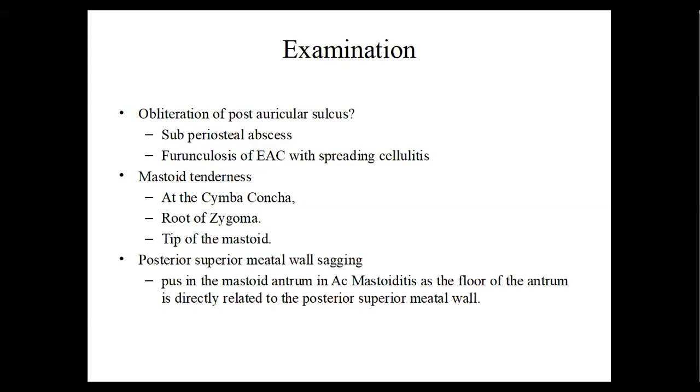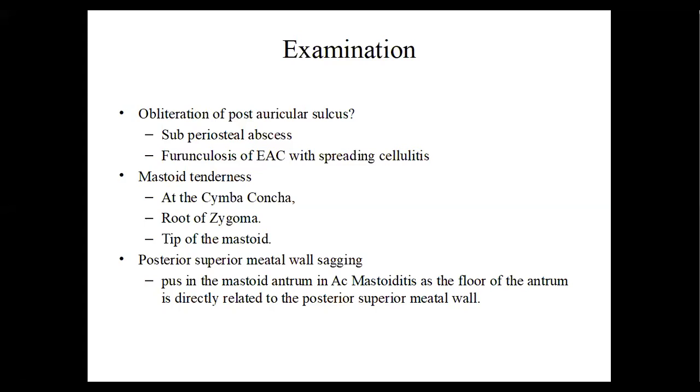In furunculosis, there won't be any history of URTI, and when you examine, tragal tenderness will be positive. When you put the otoscope, you will find the furuncle in the external canal, and the TM will be definitely intact. So these are the points which tell you that because of the furunculosis, there is a postauricular sulcus obliteration, unlike the postauricular abscess by the mastoiditis.